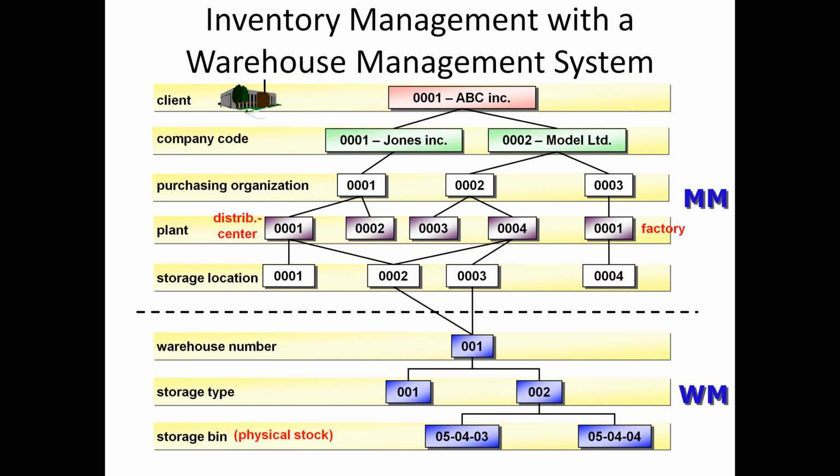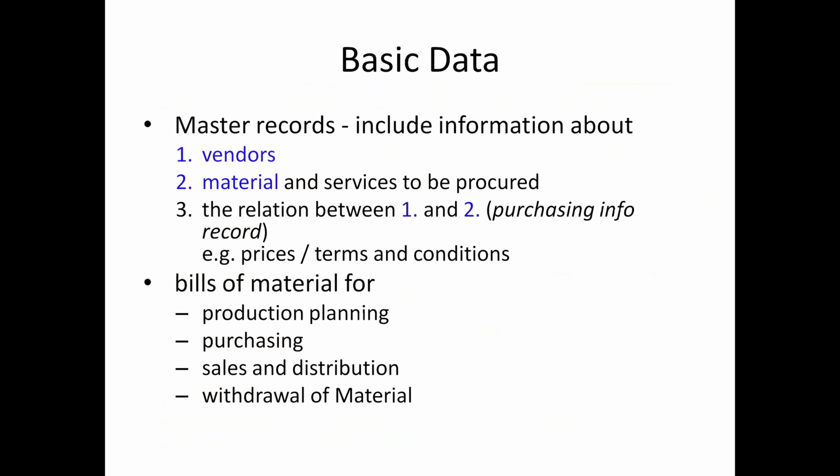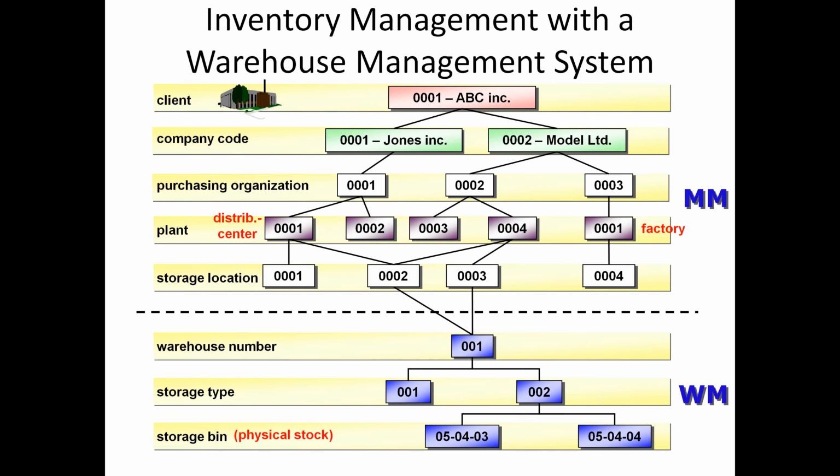Storage location, you can think of as a big hall. If you go into Walmart, you might have seen that they have aisles, and in every aisle you will see a barcode. That barcode is nothing but a bin number.